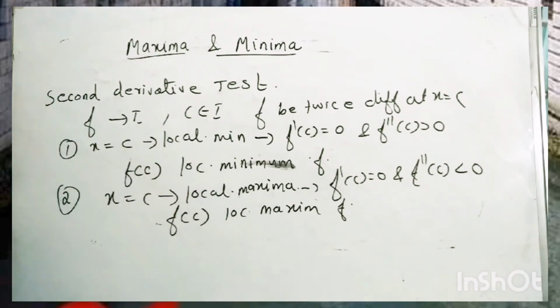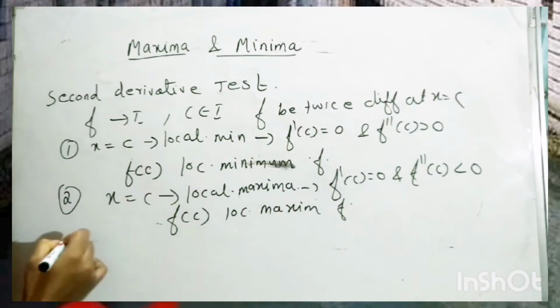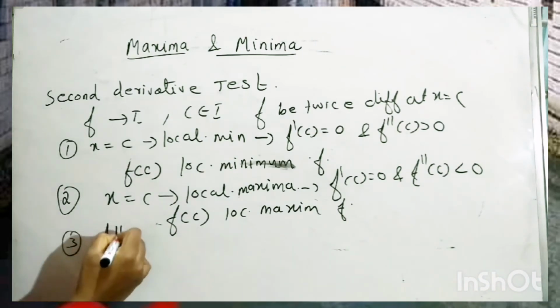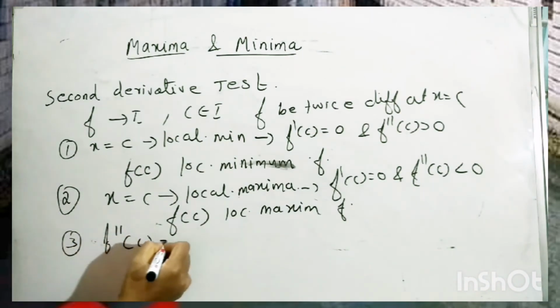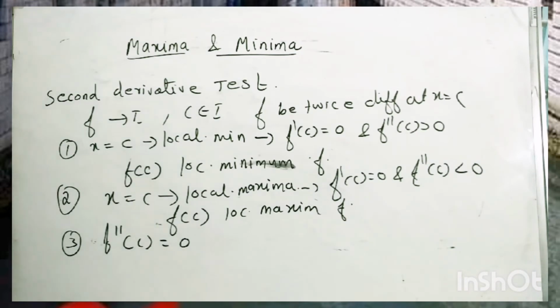Suppose f double dash of c is equal to 0, then this test fails. We can use this second derivative test to find the points of local maxima and local minima. First, take the derivative of the function and equate it to 0.